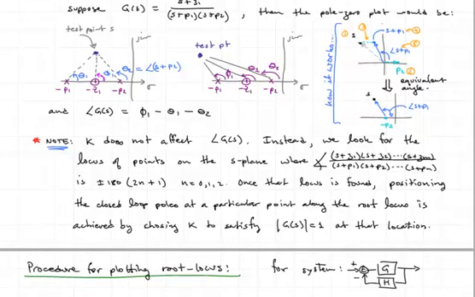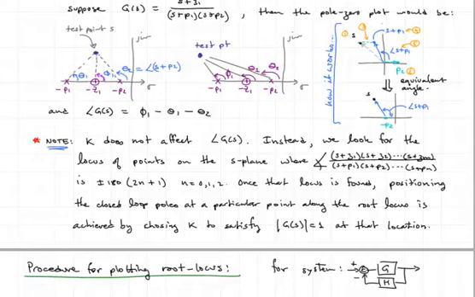And so the overall angle of our example G(s) here, having a zero z1 and two poles p1 and p2, is going to be equal to phi 1 minus theta 1 minus theta 2. Those have all been highlighted graphically on the plot here, such that this net angle could be estimated graphically.